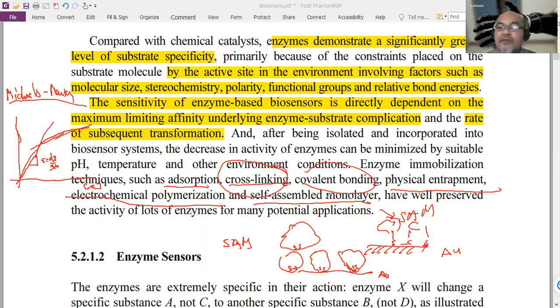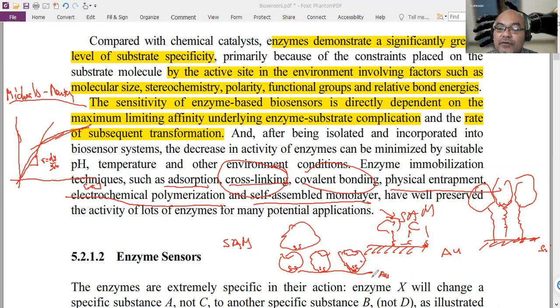If you use cross-linking, this could be silicon or gold, and you use a linking molecule like this, and then you make the enzyme float at some distance from the surface. It depends. If the binding reaction between the enzyme and the substrate is in this part, for example, then it is quite okay for it to be attached directly to the substrate of the physical transducer.